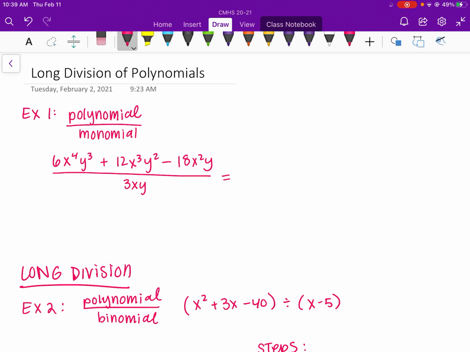So we're just going to take the bottom, the denominator, and put it over everything. So I have 6x to the 4th y to the 3rd over 3xy, plus the 12 term, and then the last term.